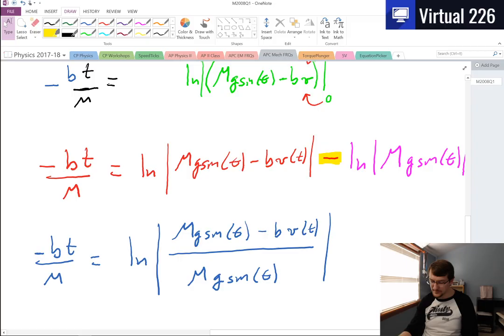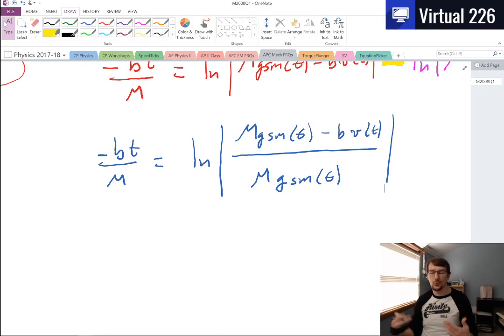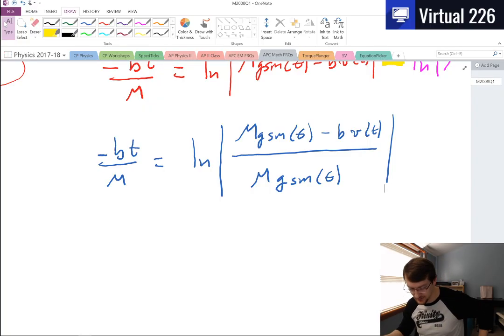Okay? So that's where we're at now. We used the log rule to get into this. And as you do more and more of these integrals, you'll see these same setups happen again and again and again. So this isn't kind of new for us or anything like that.